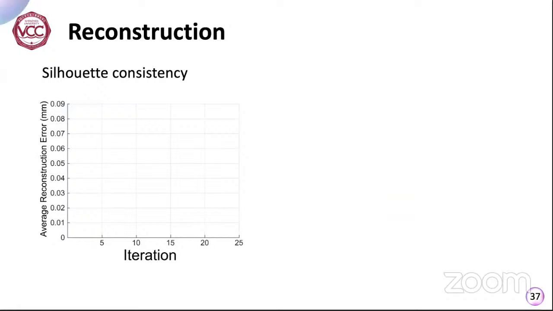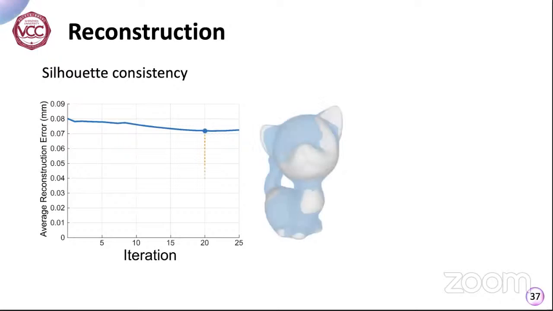After 25 iterations, we plot the average distance between these reconstructed models and the ground truth. We can see the improvement is not very obvious. Here is an example of the result from the 20th iteration. It's rendered as a transparent blue compared with the ground truth. The ear and the tail region is far from satisfactory.